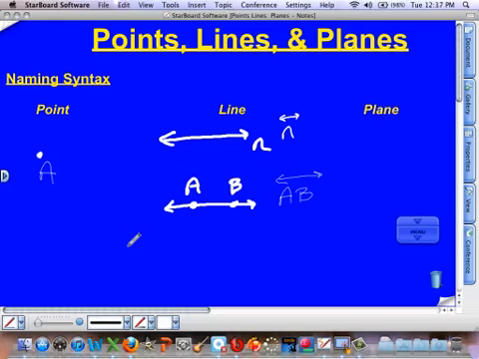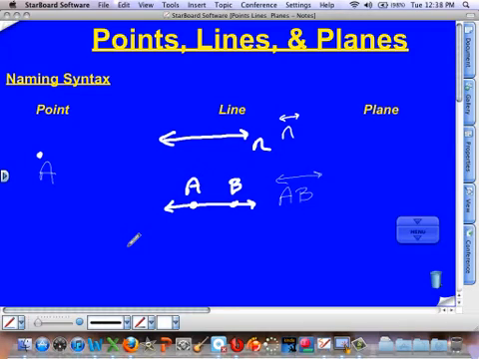Is line AB the same as line BA? No. Why not? Because if it was BA, then the points would be switched around, and then they'd be different coordinates if it was on a plane. Okay, so it was on a coordinate plane.